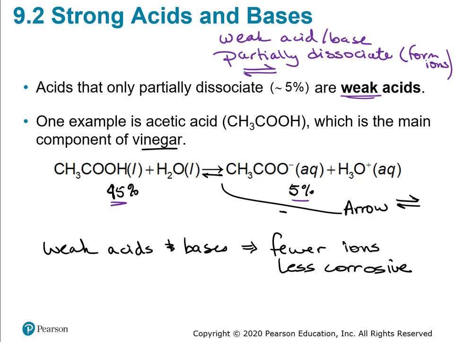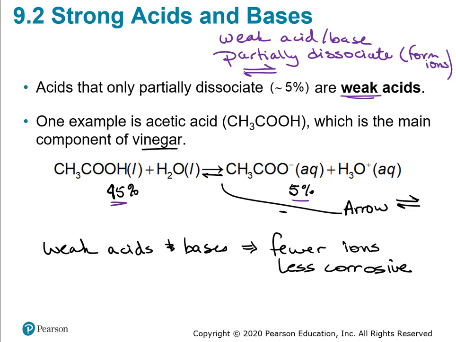So if it's a weak acid or base, then you don't have as many ions. So these are less corrosive, even in higher concentrations. That's why you can put vinegar on your food. Vinegar is an acid, but it's a weak acid.